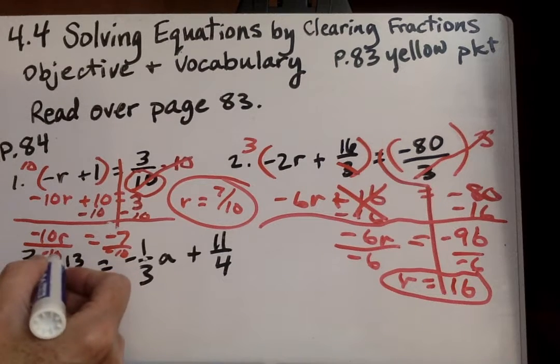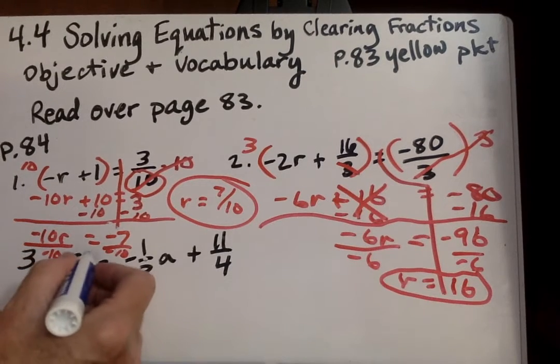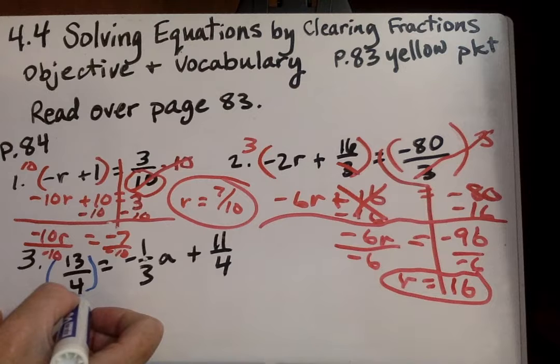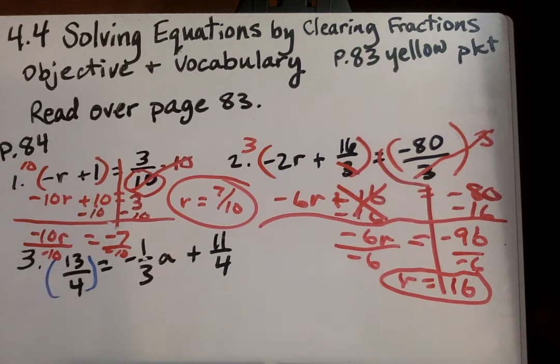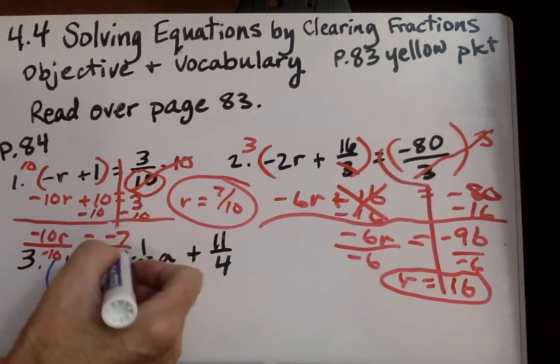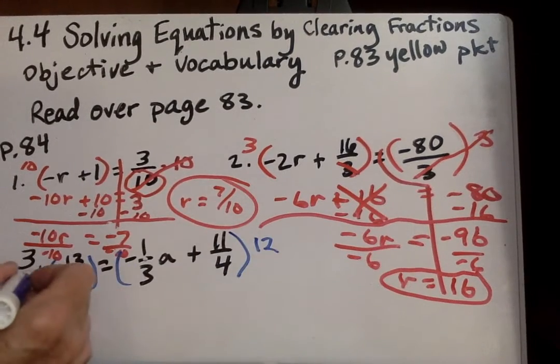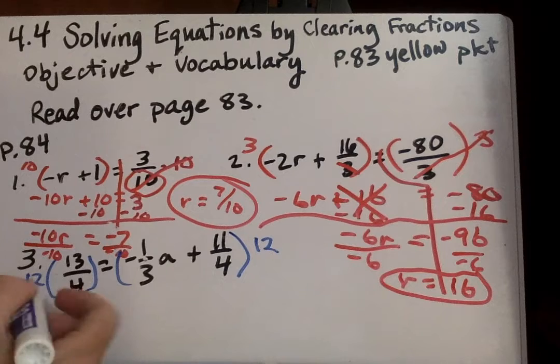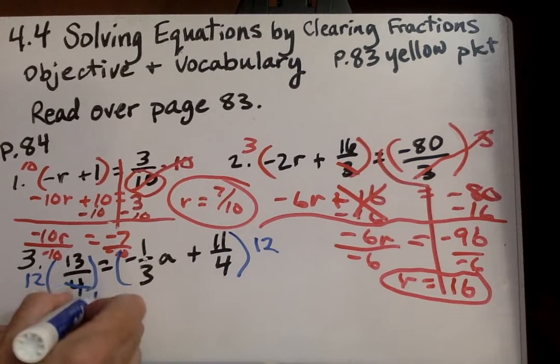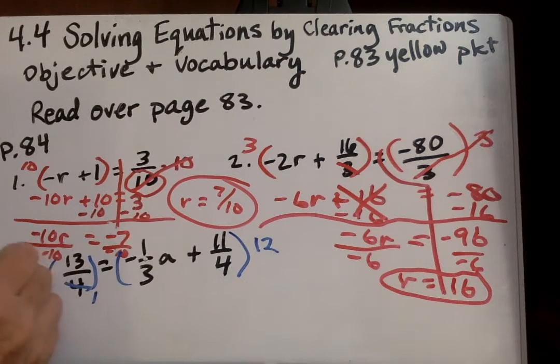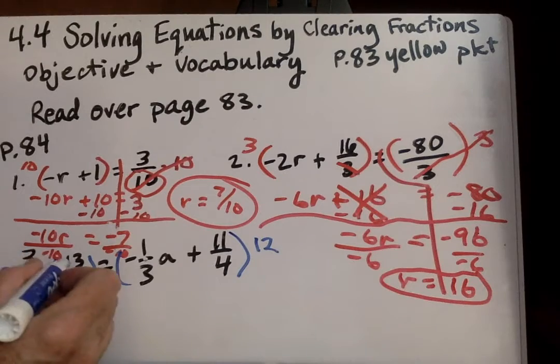So we're going to multiply both sides by 12. Now what that does, I cancel out the 4 and it equals 1, and 4 goes into 12 3 times. So then I go 3 times 13.